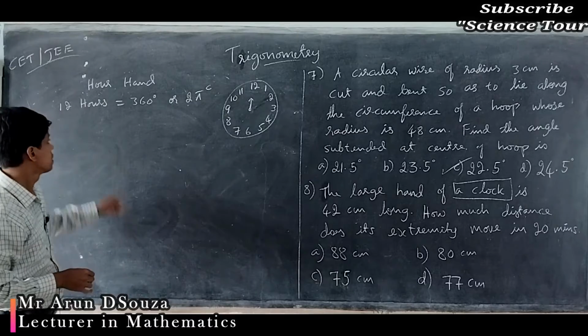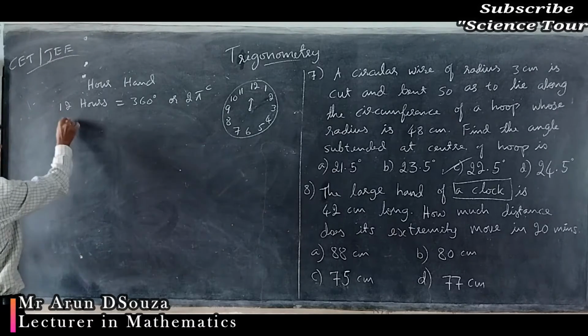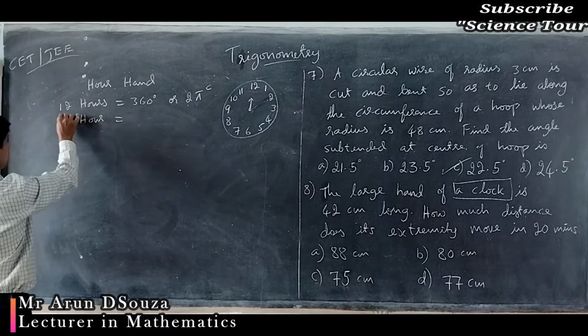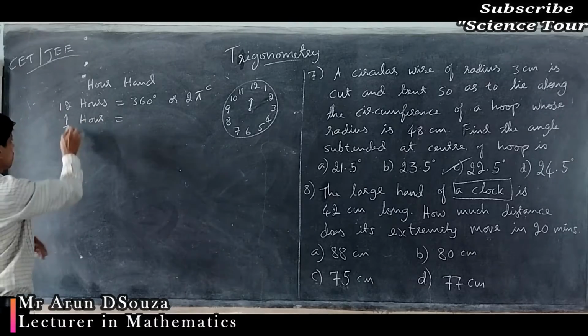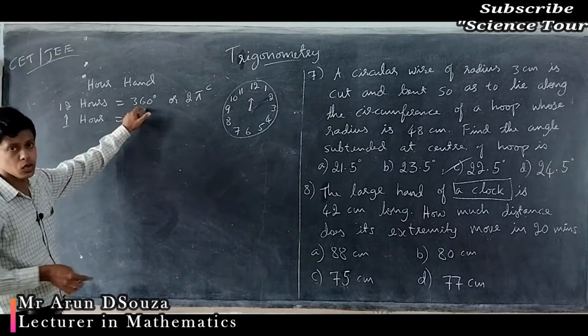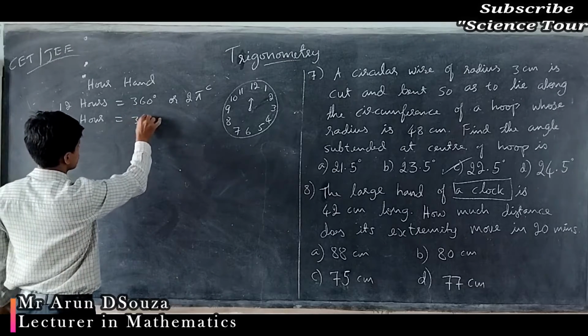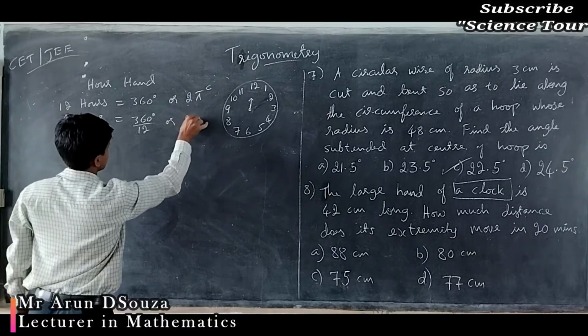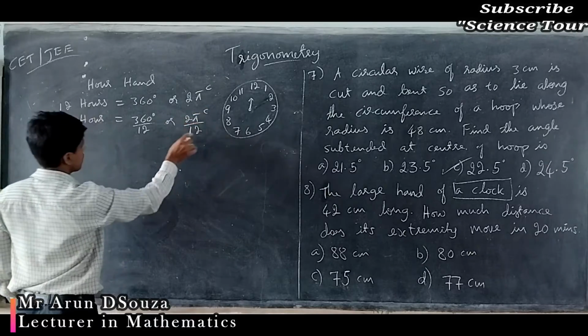All right. Similarly, if you need for 1 hour, so for 1 hour, how much is it making? So for 1 hour, divide by 12, right? So 360 divided by 12 or 2 pi radian divided by 12.